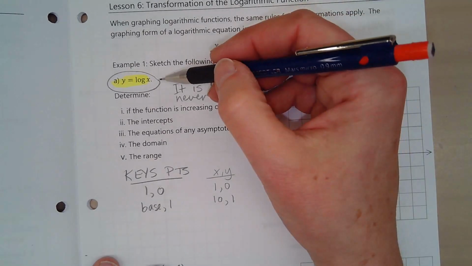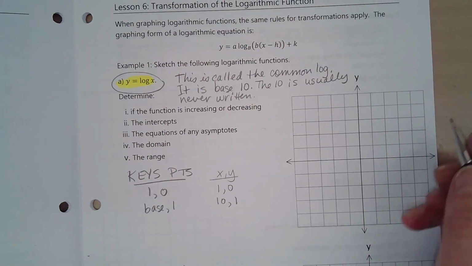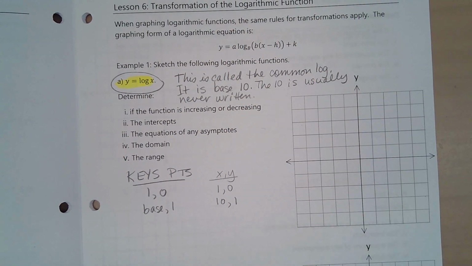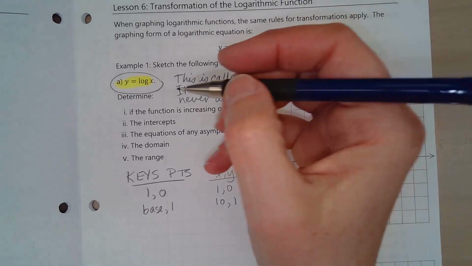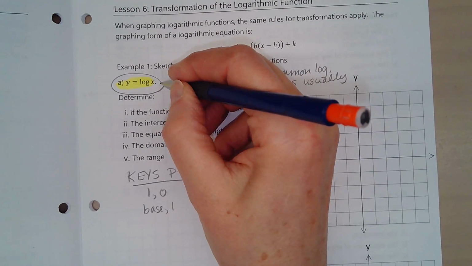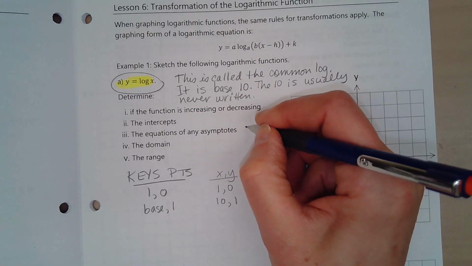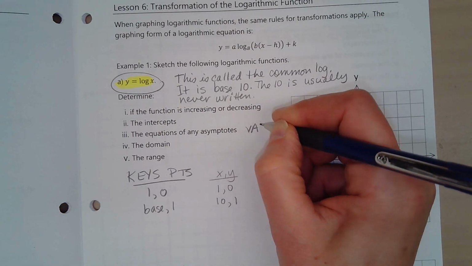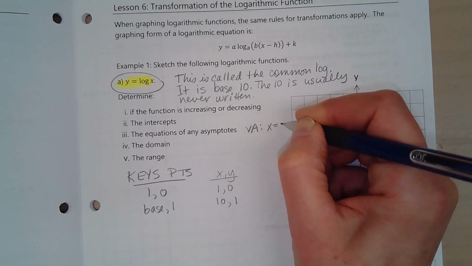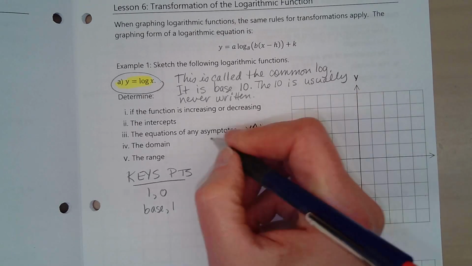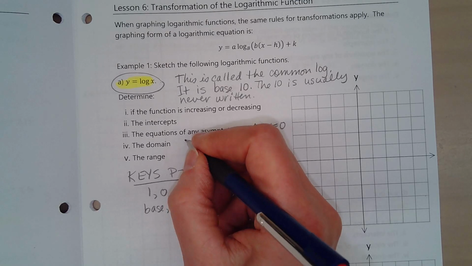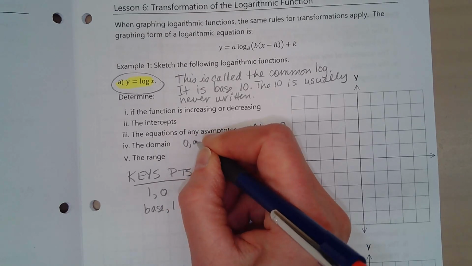Now there's no translations. Remember, a vertical asymptote will happen if there's a horizontal shift, but there's no shifting. So the equation of any asymptotes is going to stay as vertical asymptote, x equals 0. The domain should be 0 to infinity, right?